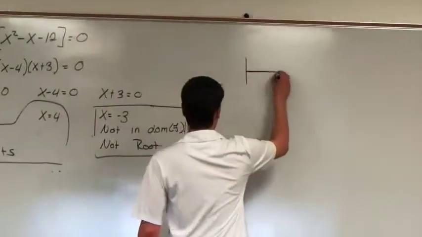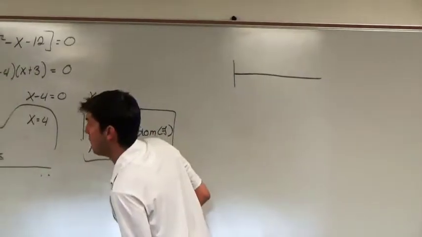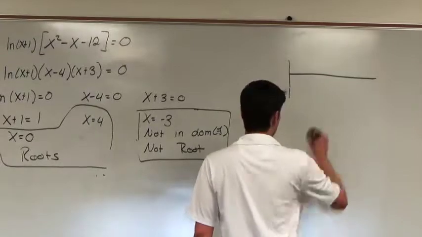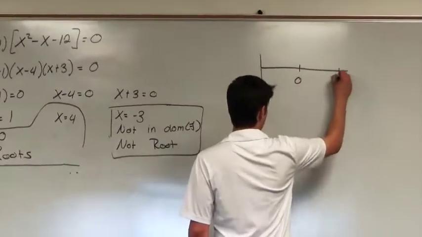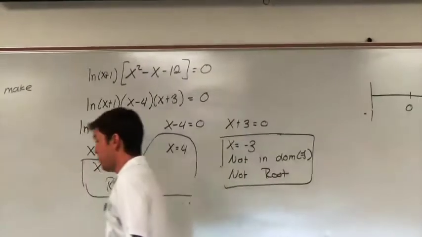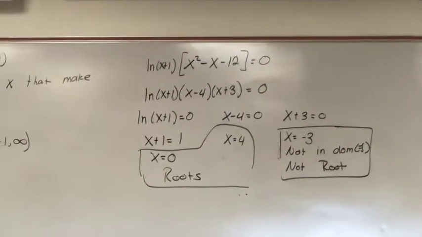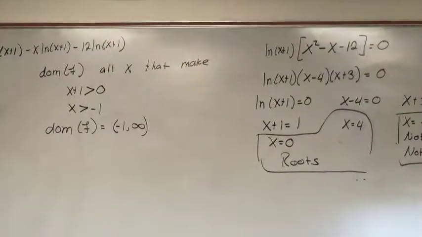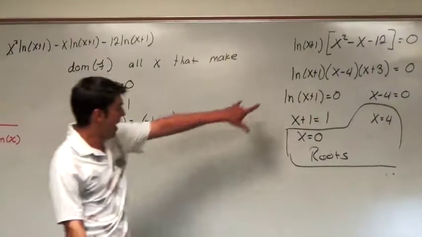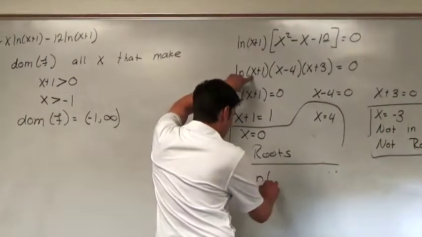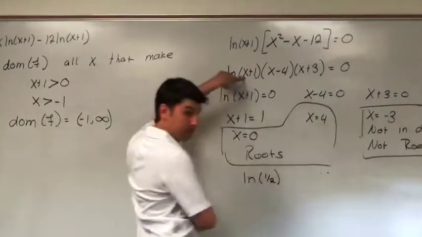Drawing a number line, remember we have a domain restriction of negative 1. We cannot go beyond this. And we have roots at 0 and 4. Pick something between negative 1 and 0. I'm going to choose negative 1/2. If we plug negative 1/2 into x, we're going to get log of positive 1/2.